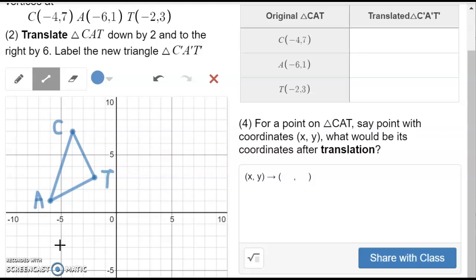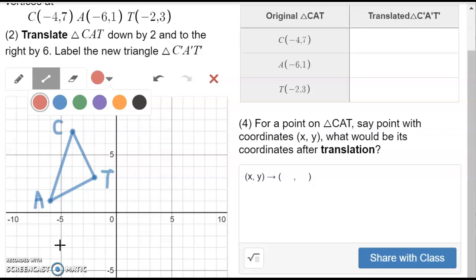Now we are told to translate the CAT down by 2 and to the right by 6. So I'm going to change my colors. Now I need to bring each point down by 2 and to the right by 6.